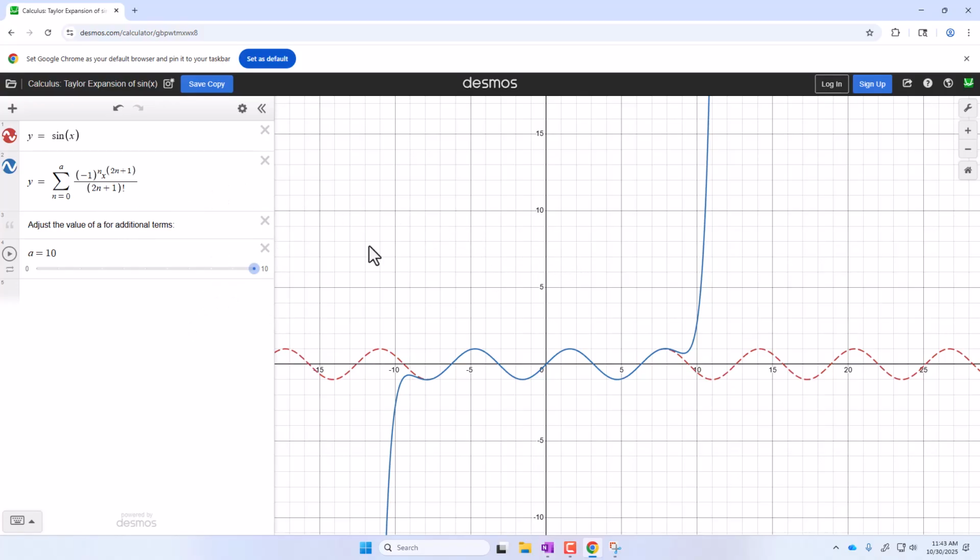one question that you might ask is, why would we center a Taylor polynomial or a Taylor series, we're going to call them, anywhere other than the origin? You can see here that if we were trying to approximate sine of 7 or 8 radians, for this series centered at the origin, we would have to go pretty far out. Notice that when A is 10, so n goes from 0 to 10, if we plug in a 10 there, the power here is 21.